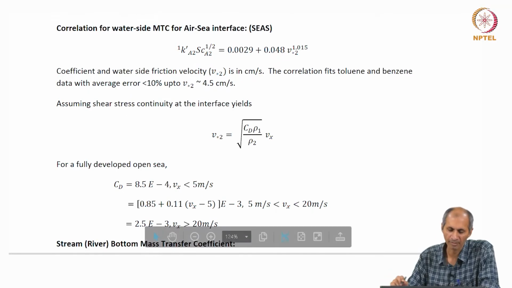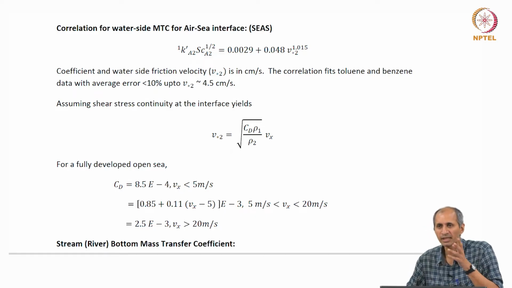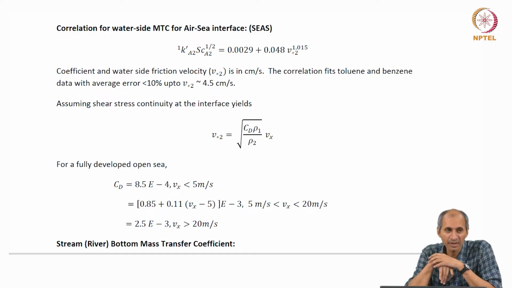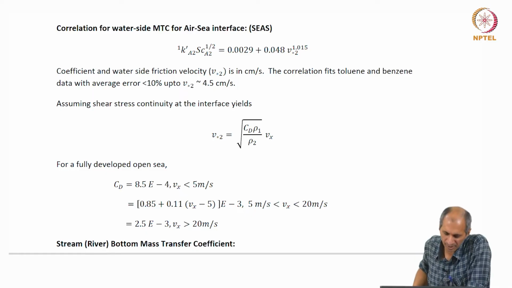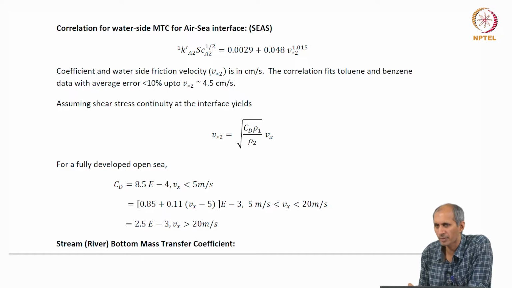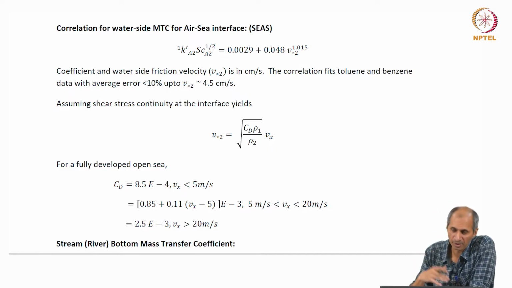Coefficient of water side mass transfer coefficient at air sea interface. The sea is huge, the sea is different, it is not like a lake, okay. So, it is very difficult to do experiments in the sea, and one sea measurement may not be the same as a different sea measurement. But if there is a reason for you to use a sea correlation, there are correlations. There is a handbook of environmental mass transport, in which there are different sections where these correlations are given.